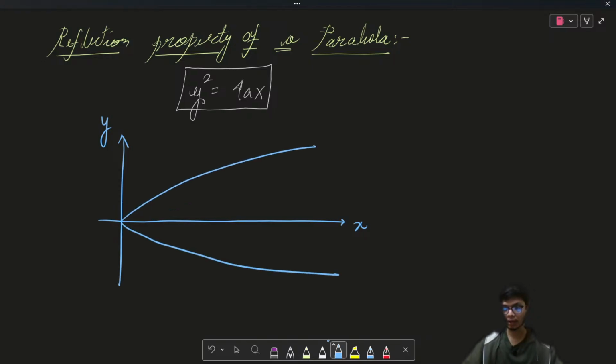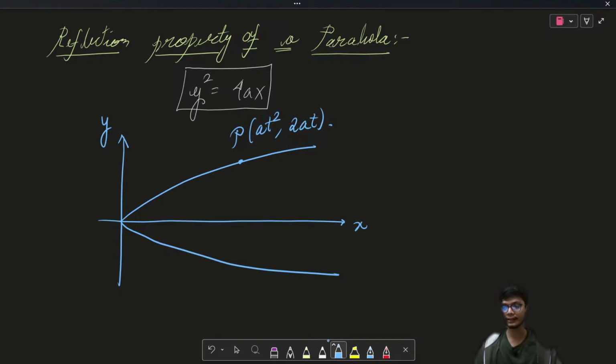Now let us say I take any point on this parabola, let us call that point P, and let us take the parametric point in terms of the parameter t. So we can write the coordinate of this point as at square comma 2at, right?